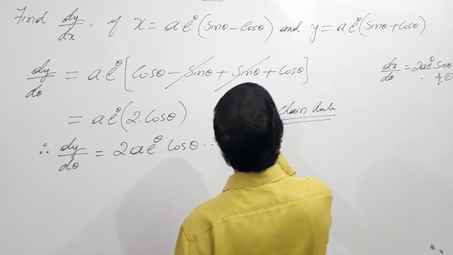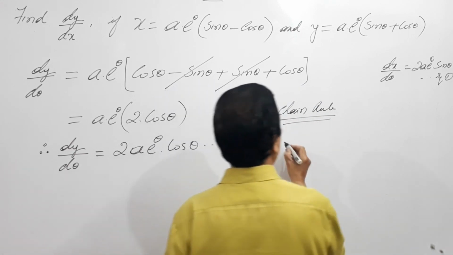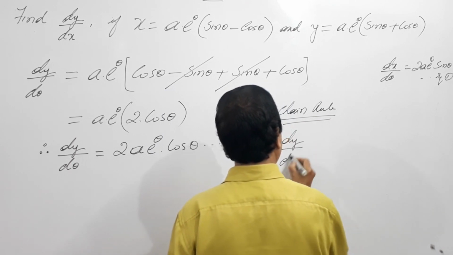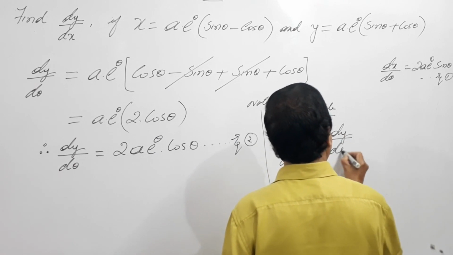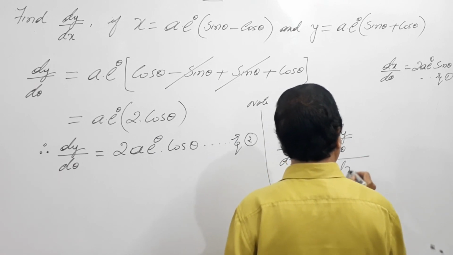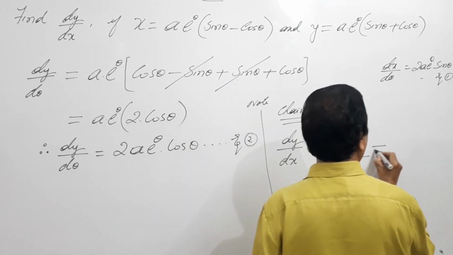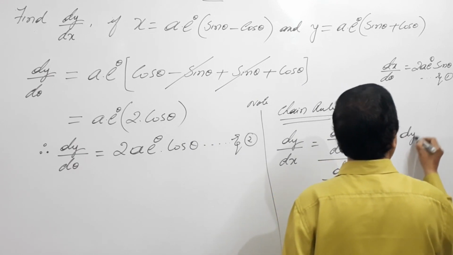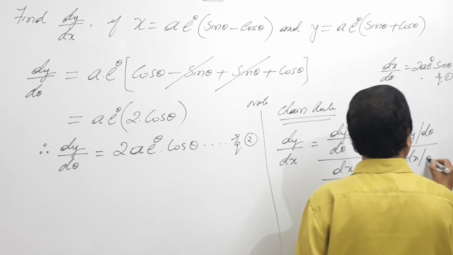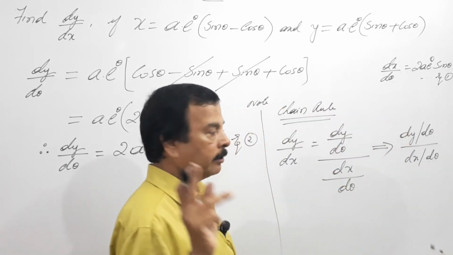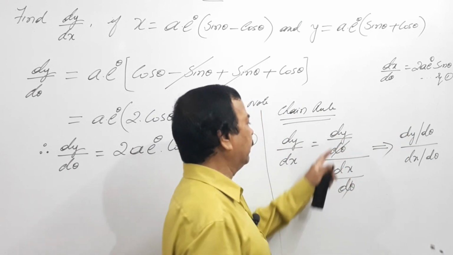Chain rule, note. dy by dx equals dy by d theta divided by dx by d theta. It is also written like this. To cross check it, see, both the denominators will get cancelled, and you will get dy by dx.